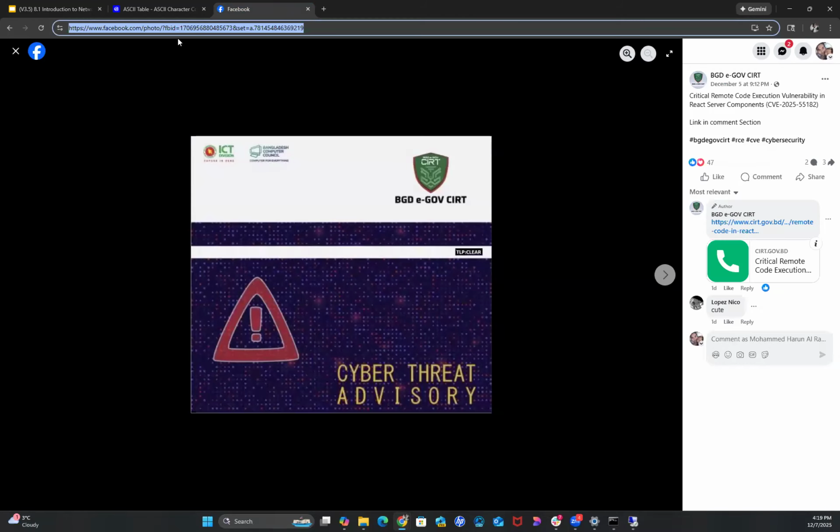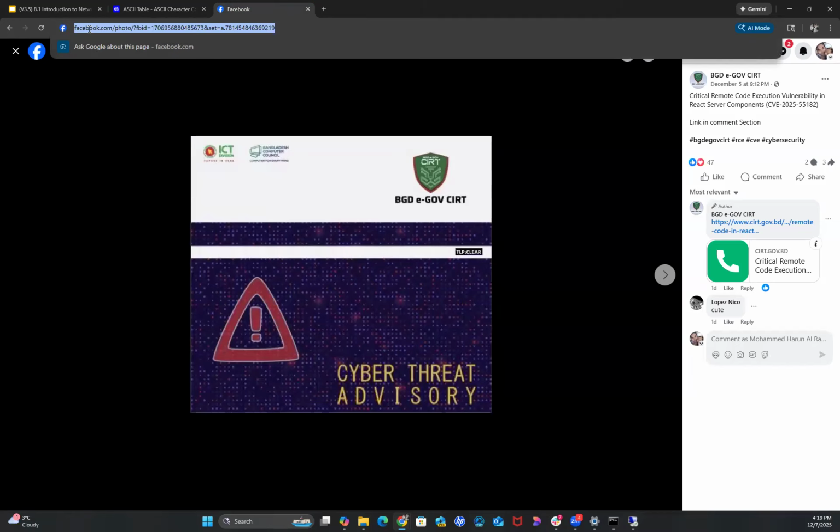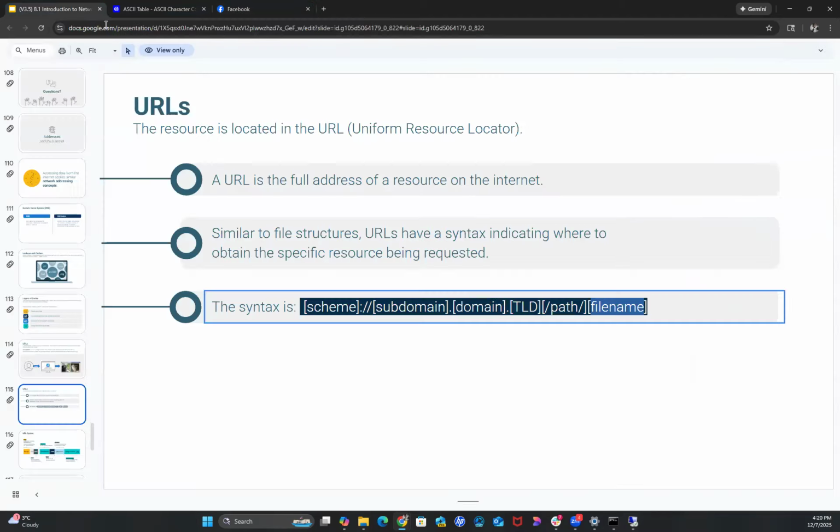So we check: this is the scheme, this is the subdomain, this is the domain, this is the TLD, this is the photo path, and this is the file name. So HTTP, the hyper.